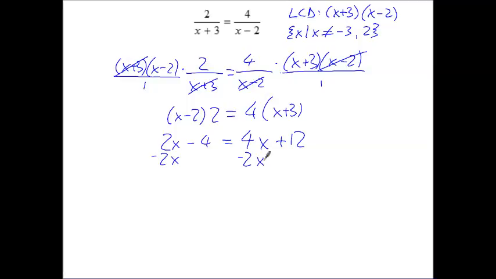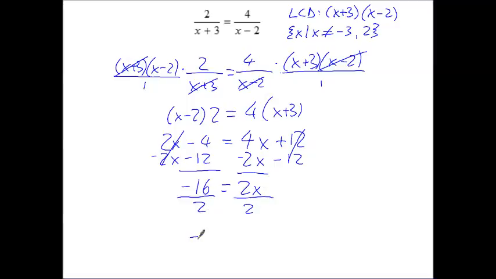And I'm also going to move the 12 to the other side by subtracting it, and this time I'm going to do it all in one step. The 2x is cancelled out and so is the 12. So we end up with negative 16 is equal to 2x. Divide both sides by 2, and negative 8 is equal to x.